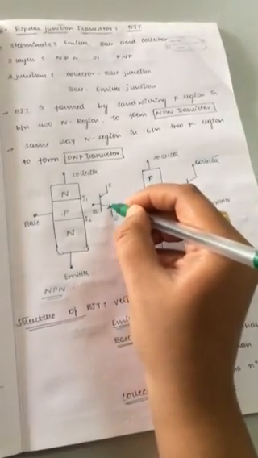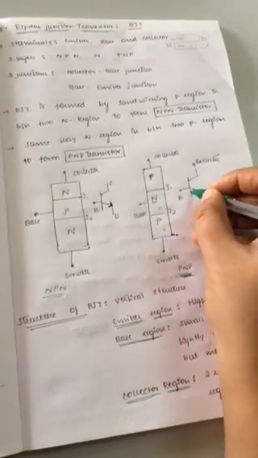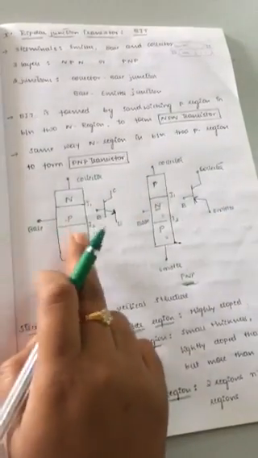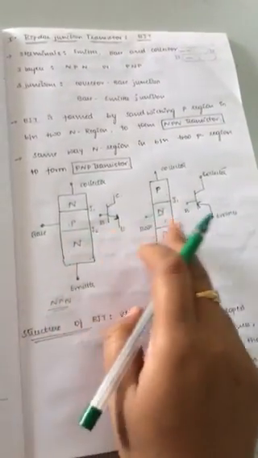Understand? This arrow mark is outside for an NPN and this arrow mark is inside for the PNP transistor. So this is about the layer diagram with the symbol of the BJT, where in BJT we have two types of transistor, that is the NPN and the PNP transistor.